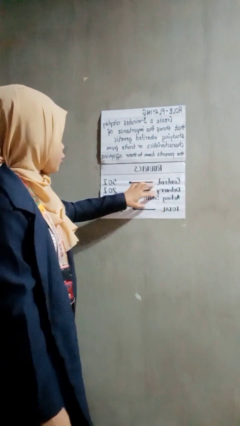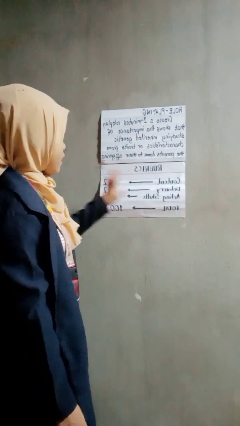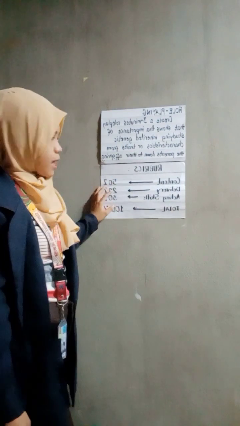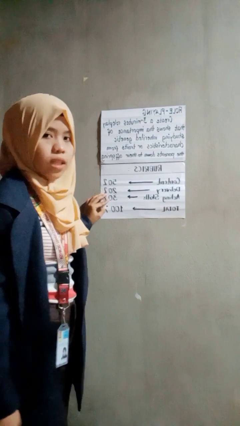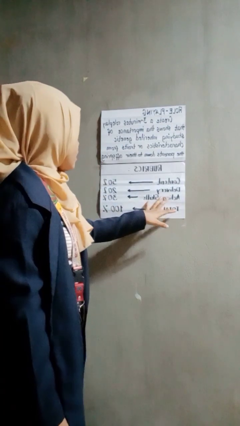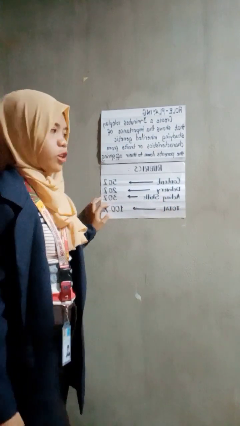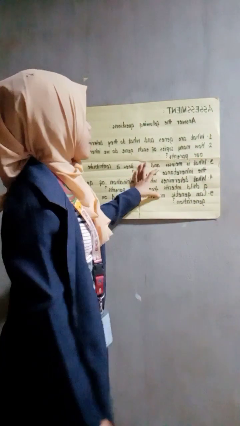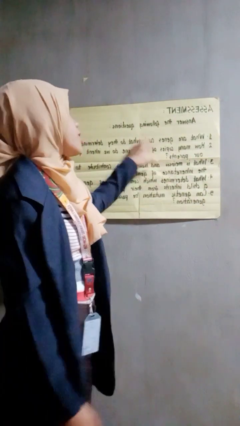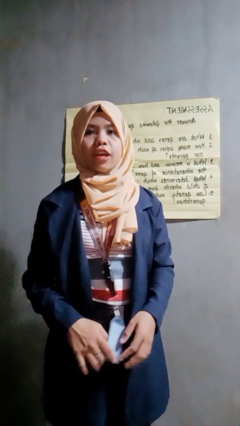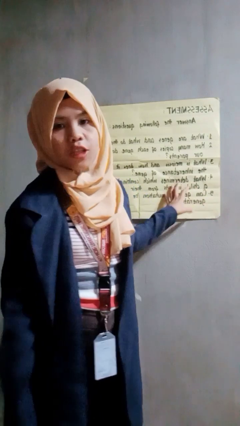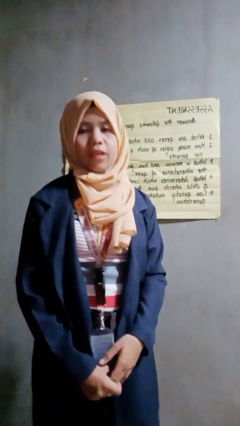Here are the rubrics. The content is 50%, the delivery is 20%, and the acting skills is 30%, for a total of 100%. Now, class, we will have an assessment, which is you have to answer the following questions. Write your answer on a 1/2 crosswise yellow paper and submit it to me if you are done.